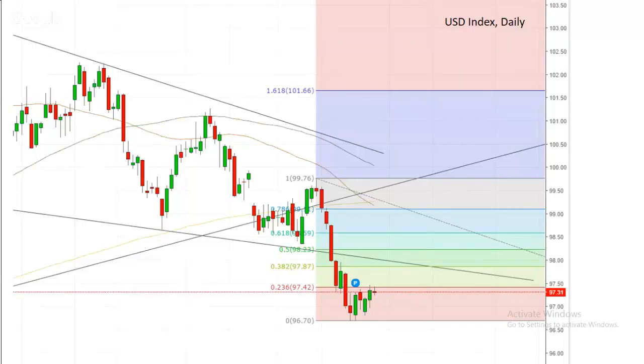and it won't help the currency to return, let's say, above 98 points in the US dollar index. The market will be interested not in what happens on June 14th, but in what happens next.